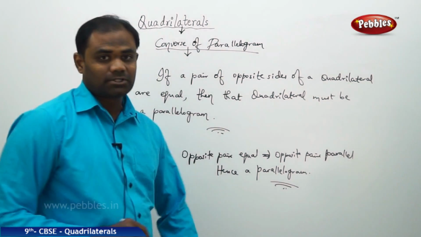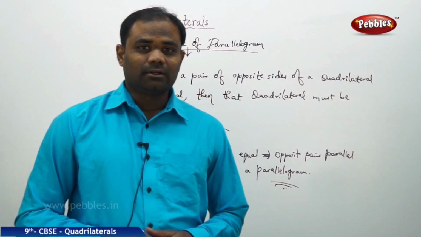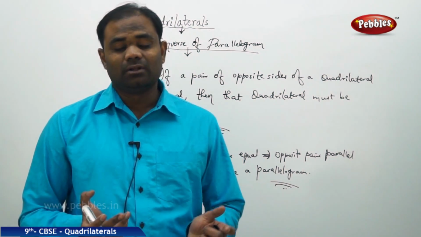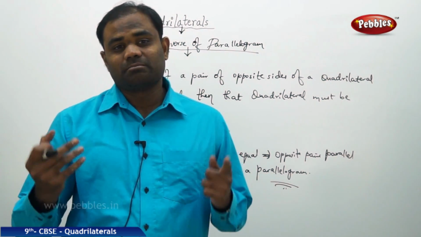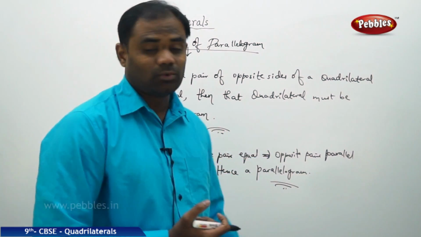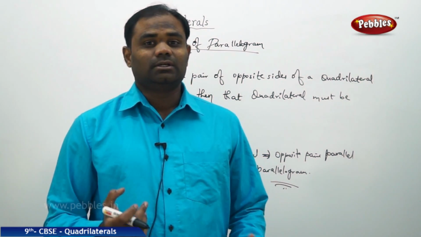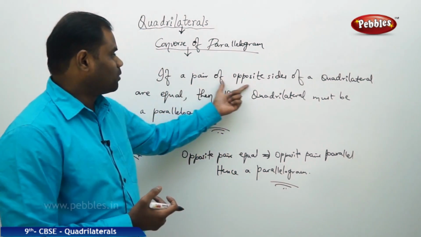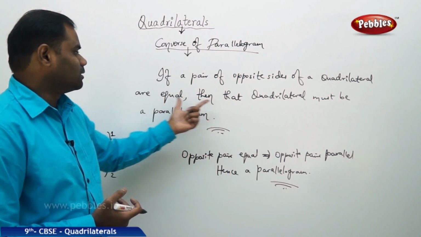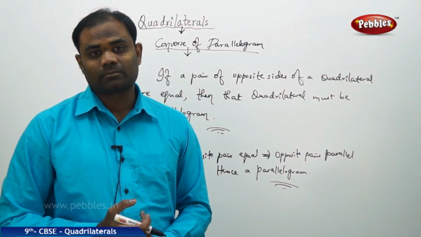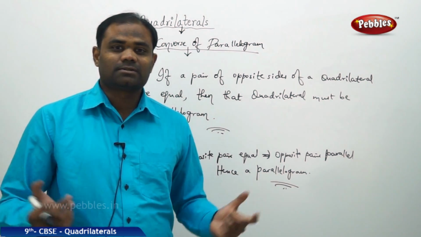So equality implies parallelity and parallelity implies equality. This is how we understand a quadrilateral reducing to a parallelogram, either by the pairs of sides being equal or the pairs of lines being parallel. If a pair of opposite sides of a quadrilateral are equal, then that quadrilateral must be a parallelogram. This is the converse of the previous session.